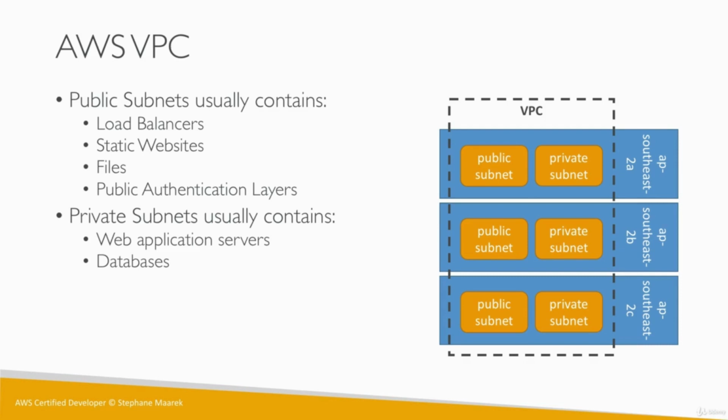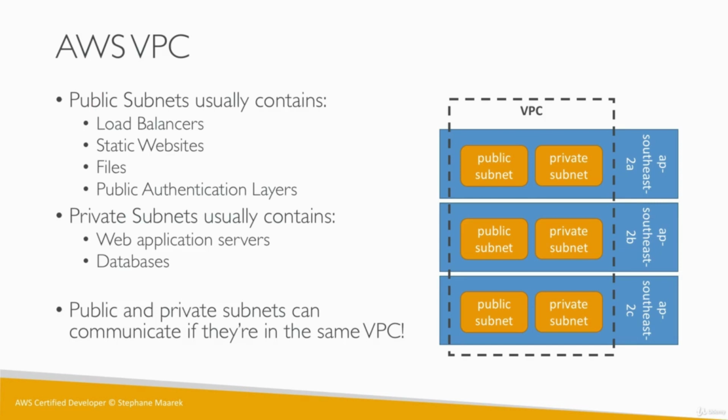And so for example, our web application servers, as we've seen from our course, they are behind the load balancer. So they don't need to be in the public subnet, they can be in the private subnet and talk directly to the load balancer only. So basically the idea is that the public and the private subnets are able to talk together and they're in the same VPC, and this is how you just separate your concerns.